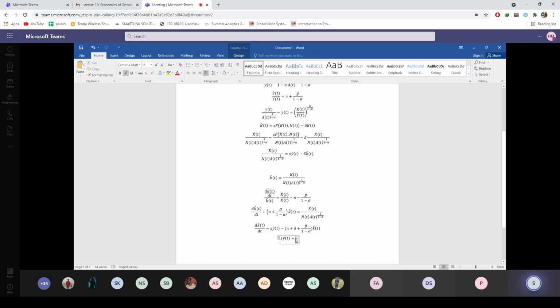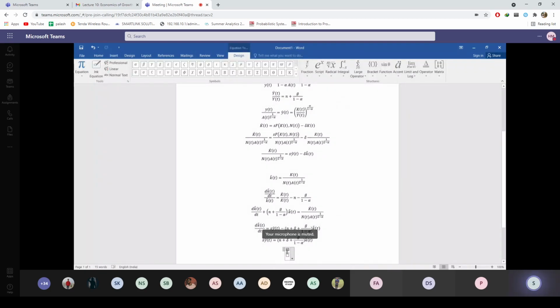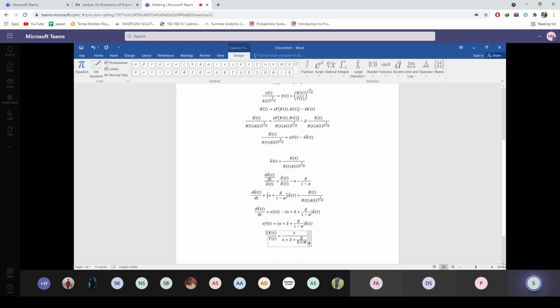And then this term, capital KT by capital YT, equals S divided by n plus delta plus G divided by 1 minus alpha. So this is my small K hat.